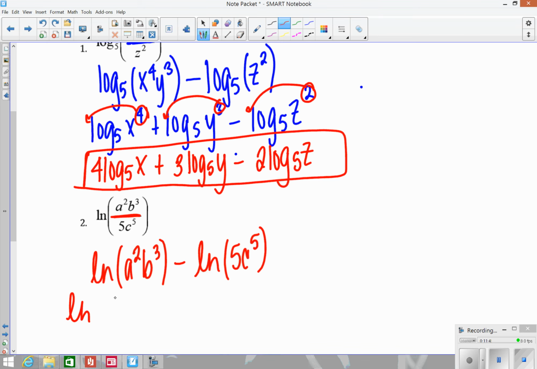Since this is multiplication, this is ln a squared plus ln b to the 3rd minus, now this one here, we can break up as ln 5 plus ln of c to the 5th, or you could just think of this as a constant. So I'm just going to still separate it here.